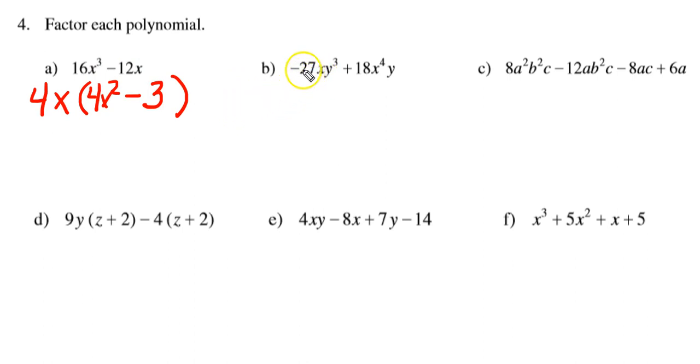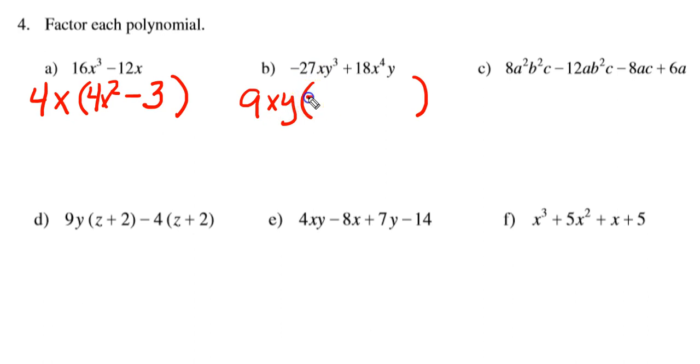Now, here, of the number, what can I take out? Well, I can take a 9 out of there and a 9 out of there. So I will do that. So I take out a 9 for my number part. And then for the letter part, I can take out an x and a y from each term after I study it a little bit.